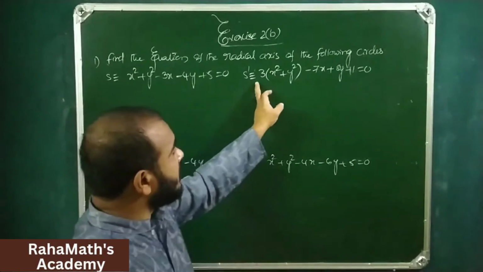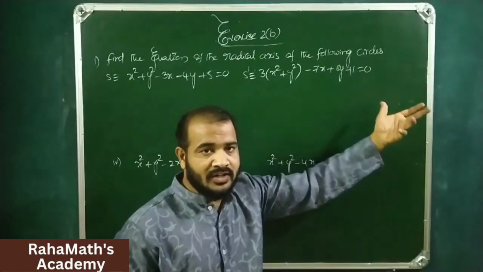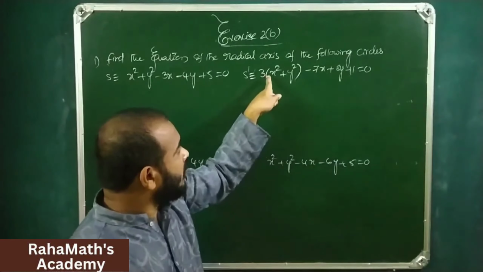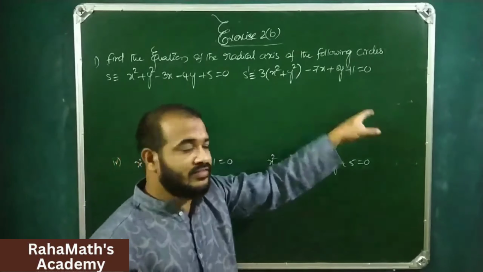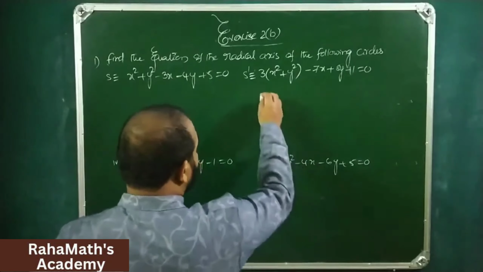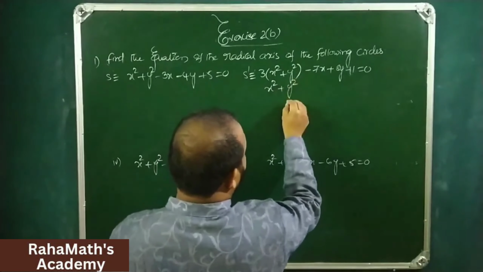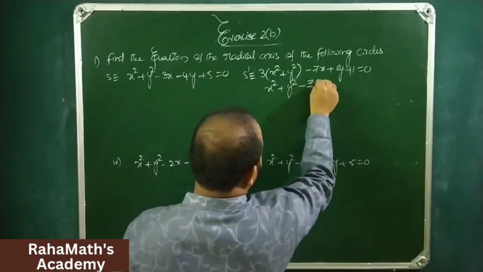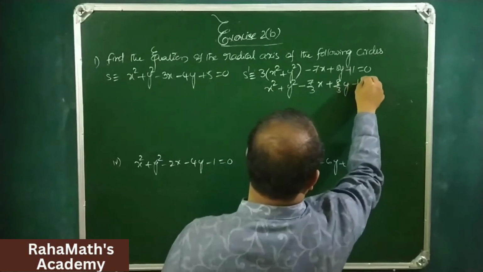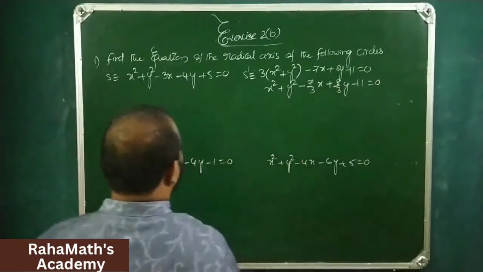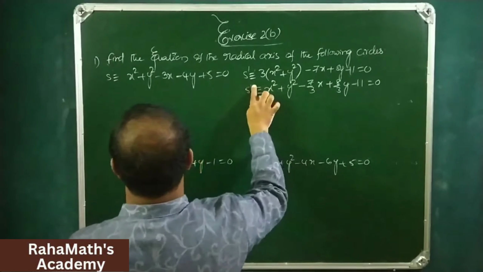Since this is not in a general form, the general equation of a circle has the coefficient of x square and y square as 1, for which we need to divide by 3. So this can be rewritten as x square plus y square minus 7 by 3 x plus 8 by 3 y minus 11 equals 0. Now this is our S dash.